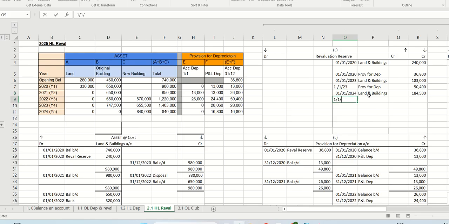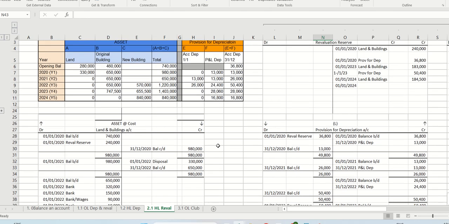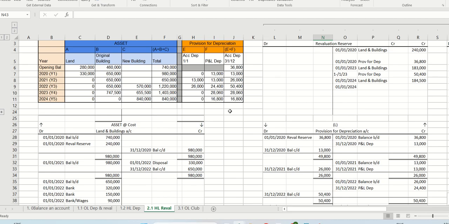Then I'm also going to get all of the depreciation, so increase the value of my asset. Then I'm getting all of the depreciation relating to the revalued asset, and I'm taking it out of here and putting it in there. So we have to do a little bit of a calculation for that now, guys. So this 28060 is made up of depreciation on building 1 and building 2.